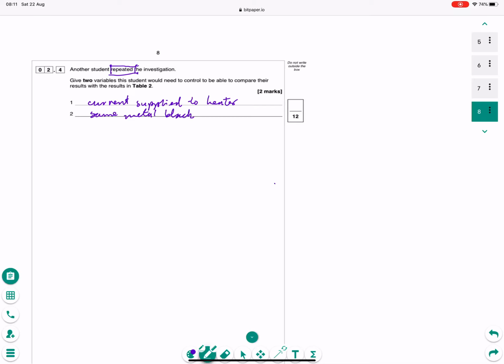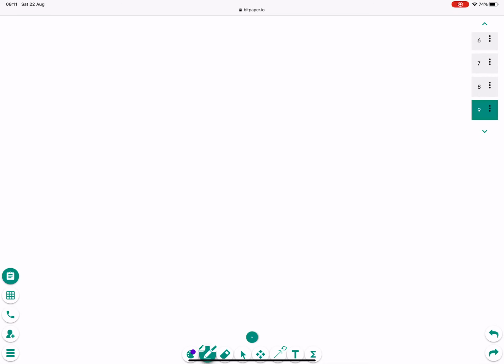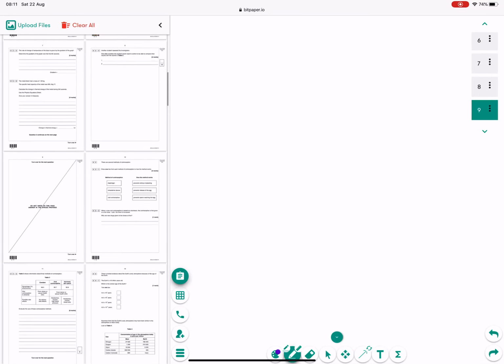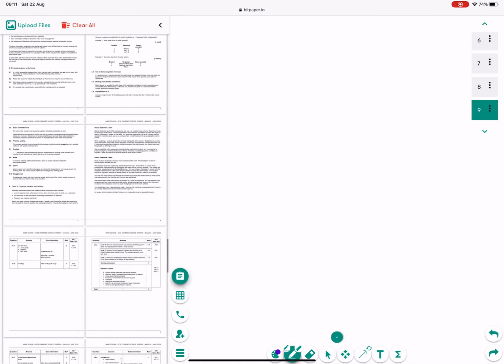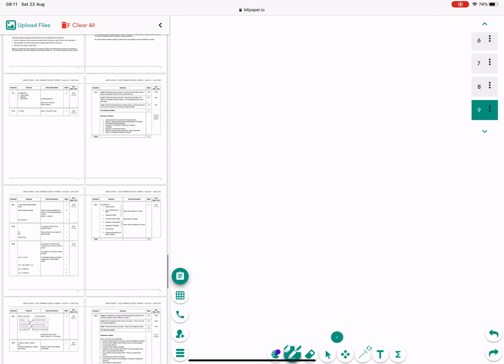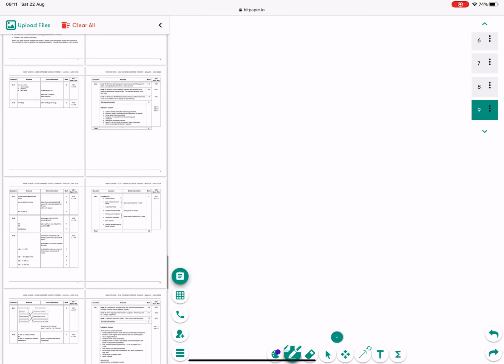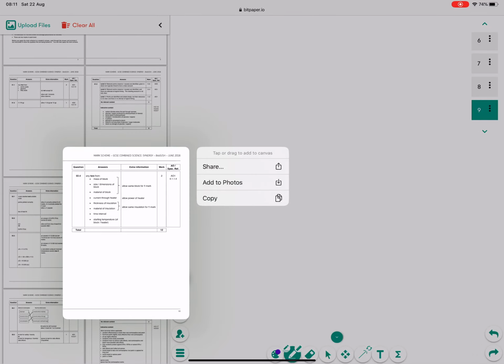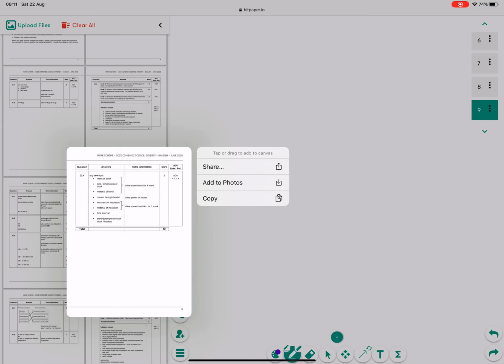There are others, all sorts of things here. Let's just have a quick look what they've got. Bear with me. Let's see. Can't actually see the number on that. Is that it?